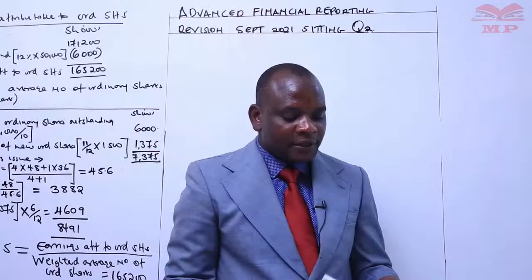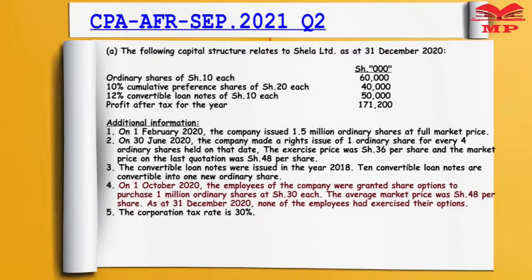Another potential ordinary share is the options. Number 4, on 1st October, the employees of the company were granted share options to purchase 1 million ordinary shares at 30 shillings each. The average market price was 48 per share. As at that date, none of the employees had exercised the options.